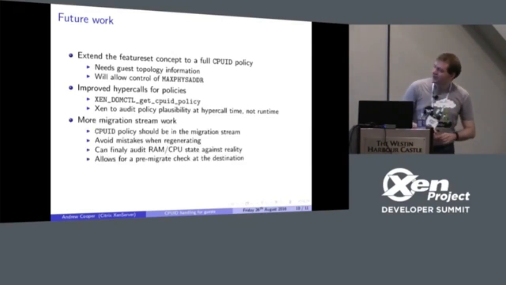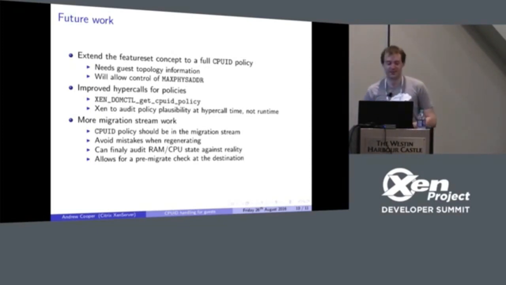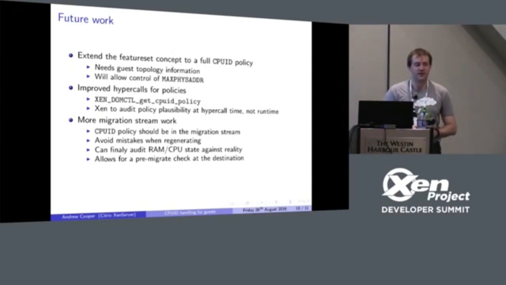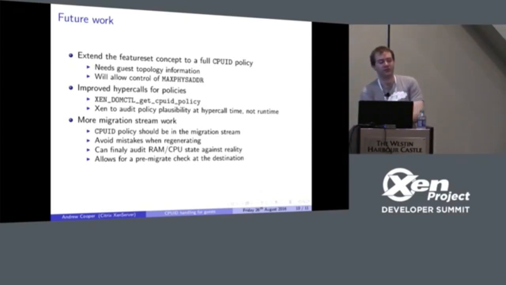Other issues, again, migration. We get back to this. At the moment, the CPUID policy was just something tacked on the side. It gets regenerated from scratch on the destination side. And as we know, no one ever changes an algorithm, so on any newer version of Xen, you always get the same version back, except when you don't.